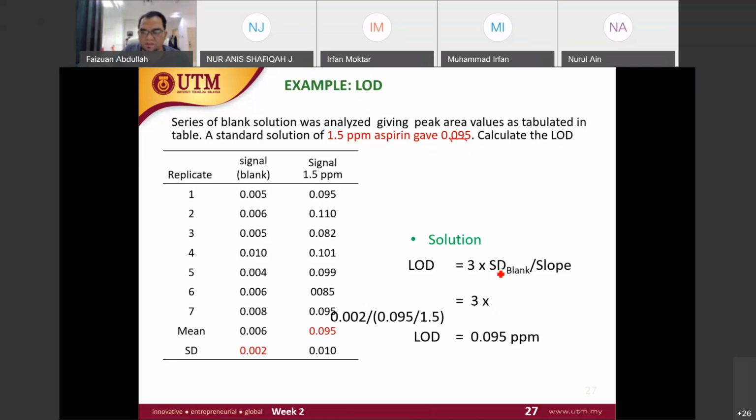Where do we get this value? Here, we have the signal is 0.02. And then the signal is 0.05 and the concentration is 1.5. So we have the LOD is 0.095 ppm.